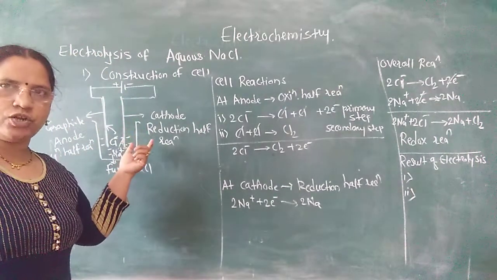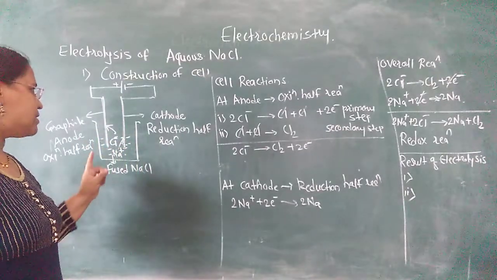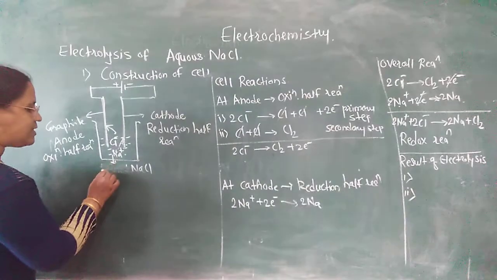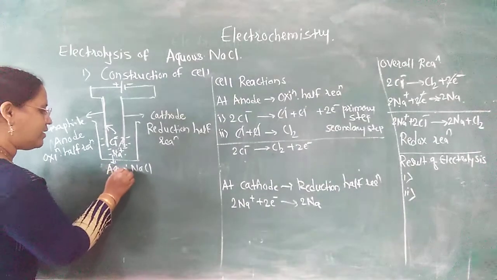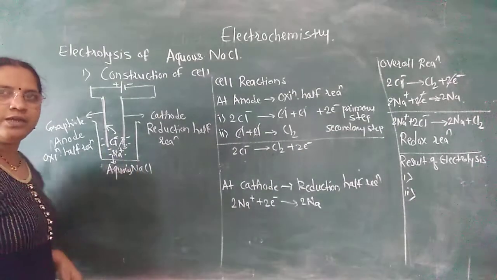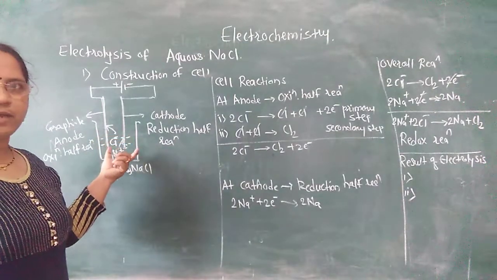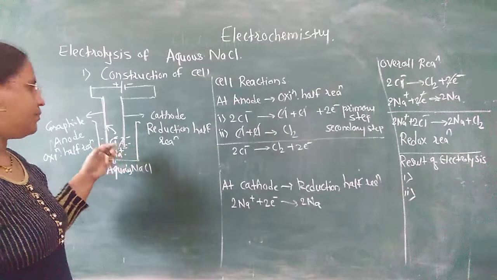First point is construction of the cell, it is the same. May I repeat what is the same? It consists of a container containing aqueous NaCl as an electrolyte. See the change, here aqueous NaCl as an electrolyte. Two graphite electrodes are immersed into the electrolytic solution.